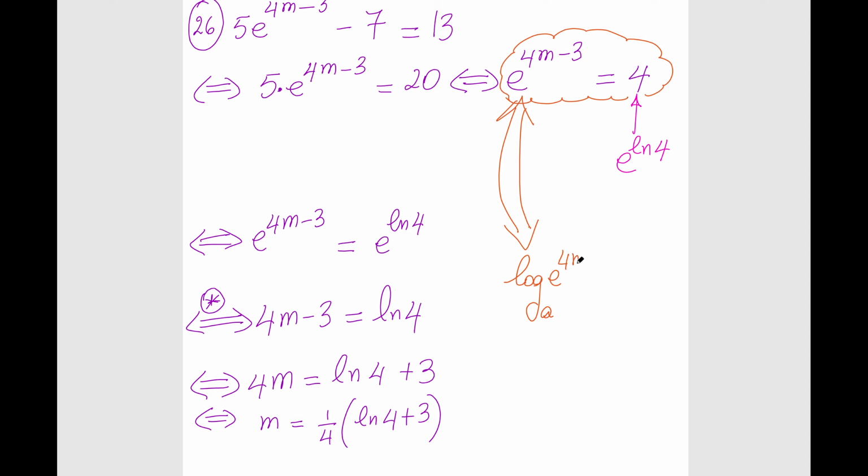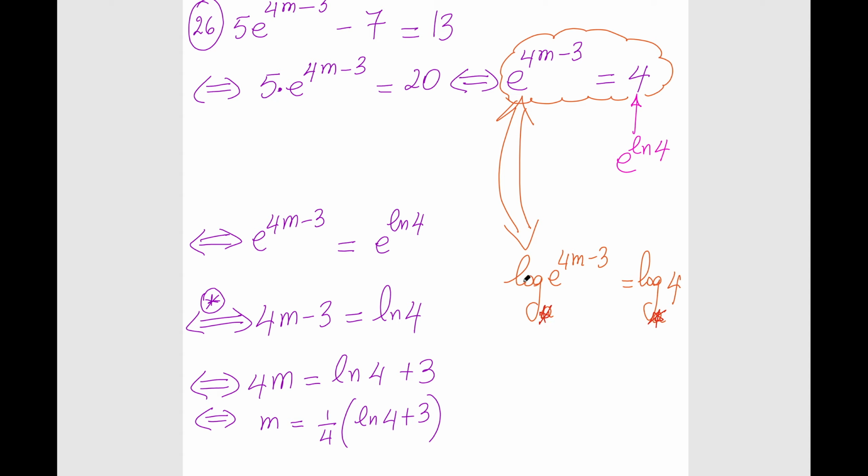Log base a of e to the 4m minus 3 is equal to log base a of 4. The question is, what should a be? What should this guy be? Well, I want to choose it. I should choose it as a positive number and different than 1. That's for sure. But the question is, I have infinitely many choices. Which one should I choose?